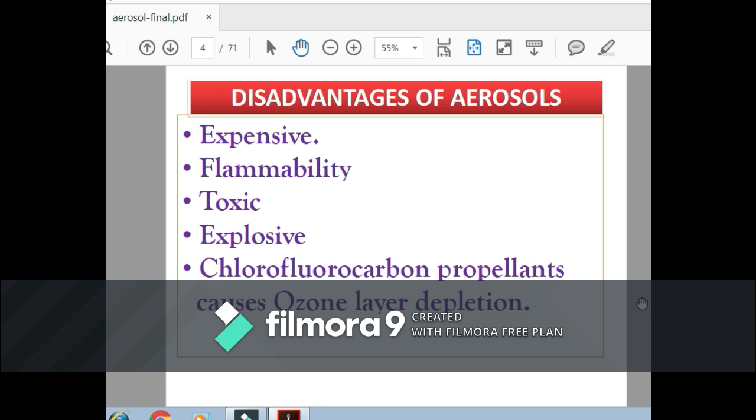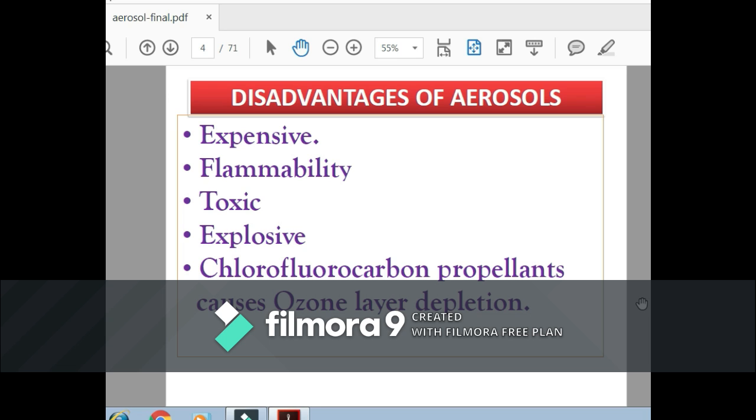Now, disadvantages of the aerosols. We have seen the advantages; the other side of the aerosol is the disadvantages. The first disadvantage is that aerosols are expensive, because for their preparation we require costly as well as volatile solvents, and another thing is the container and its contents.